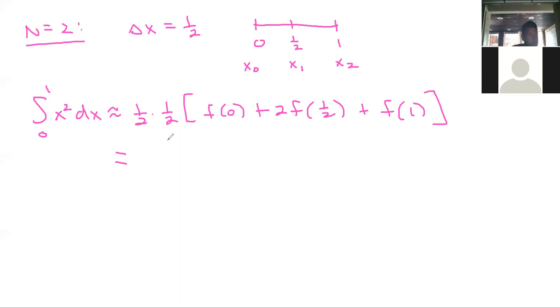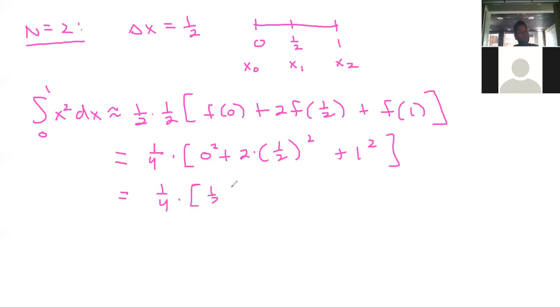Let's break it down real quickly. This is 1/4 times 0 squared plus 2 times 1/2 squared plus 1 squared. So you have 1/4 times 1/2 plus 1. So that's 1/4 times 3/2, and so you get 3/8.